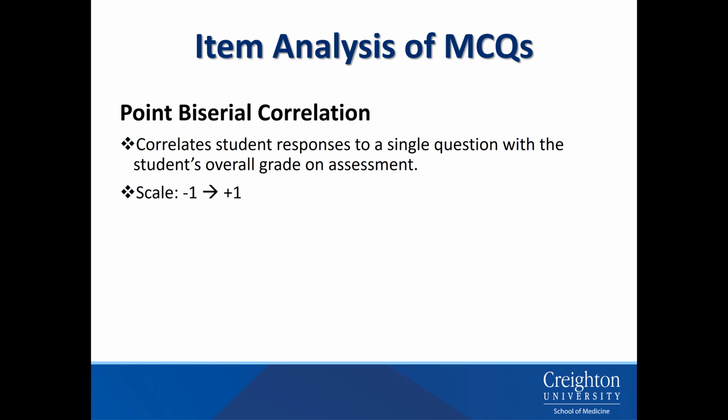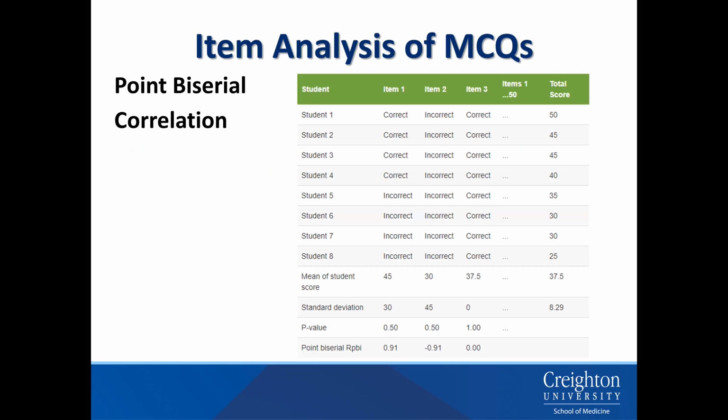What this does is it correlates student responses to a single question with the student's overall grade on an assessment, and it will actually dig deeper and look at correlation of what the class as a whole answered for each answer option, and compare it to the rest of the class. The scale is -1 to +1. And we get these from ExamSoft. Into Dashboard, which is our team-based learning platform, provides us with point biserial and the next one, discrimination index.